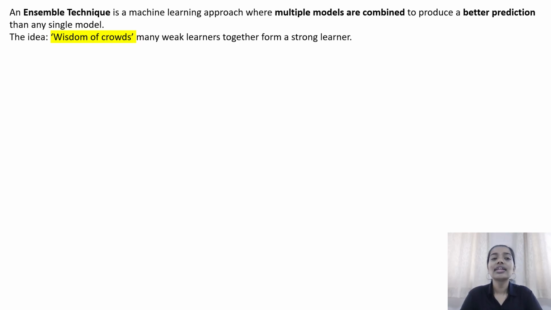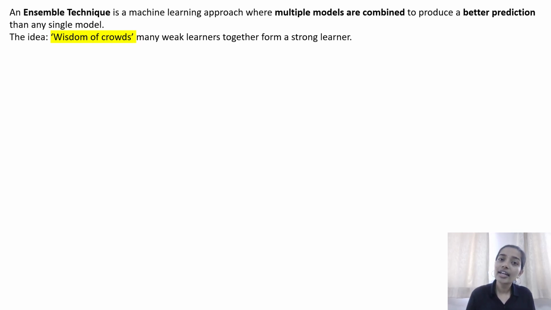So this is basically an ensemble technique, when we combine different models to get better predictions. So what is an ensemble technique? When different machine learning models are trained on the same data. Like we discussed random forest in one of our videos, in which we said that when we combine multiple decision trees, that is a random forest.